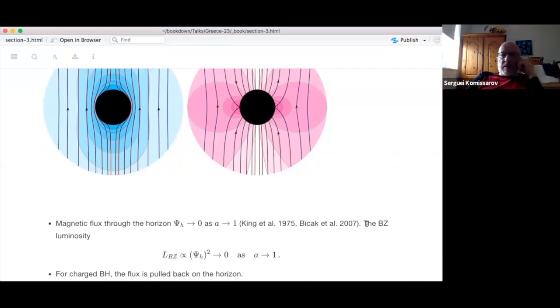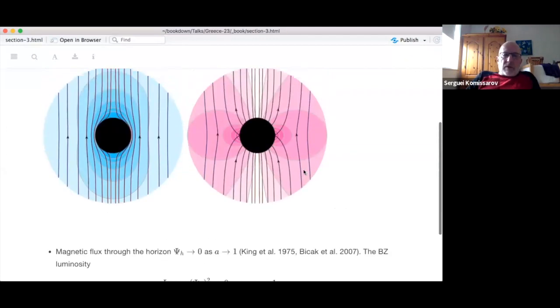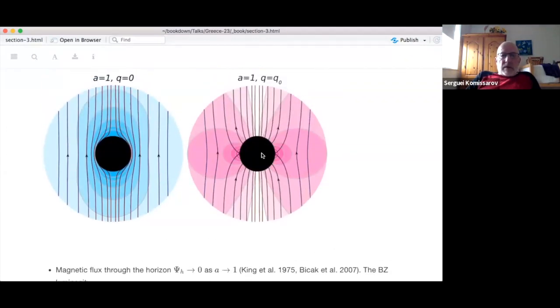And this is important because the Blandford-Znajek luminosity is proportional to this flux squared. So when the flux escapes from the horizon, we can expect that the luminosity gets to 0. Okay, but now if you look at the charged black holes, you can see that the magnetic field lines are pulled back towards the horizon.